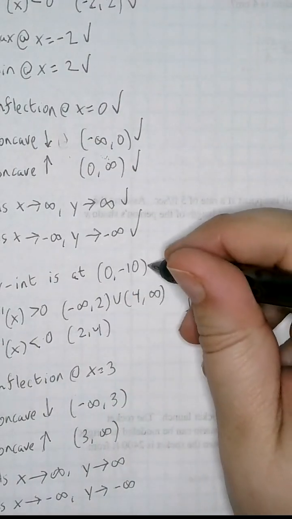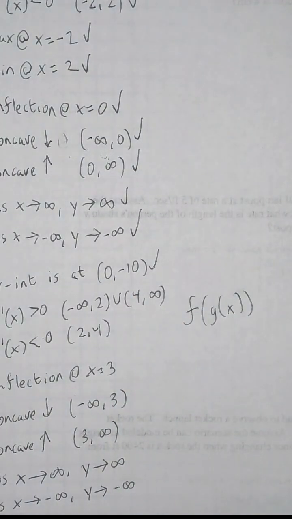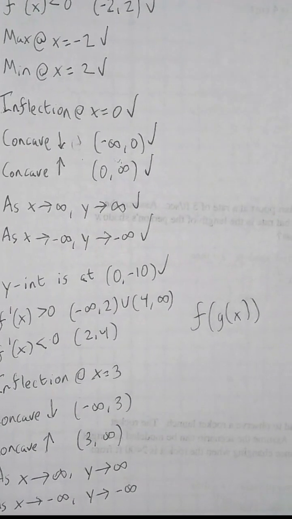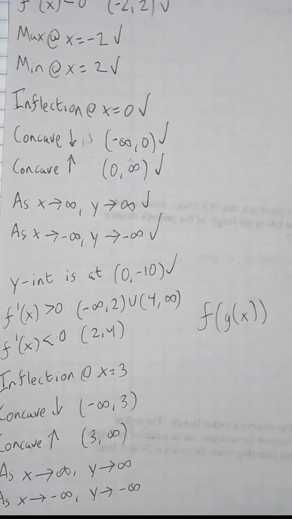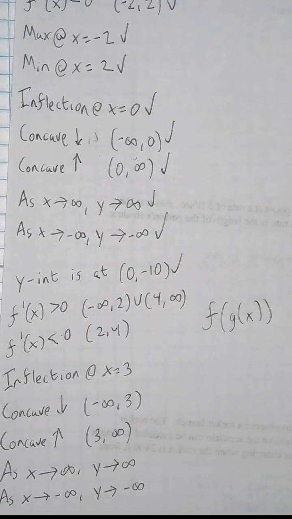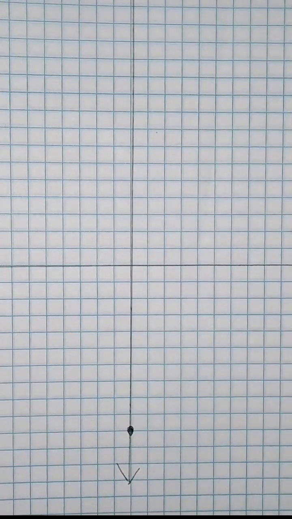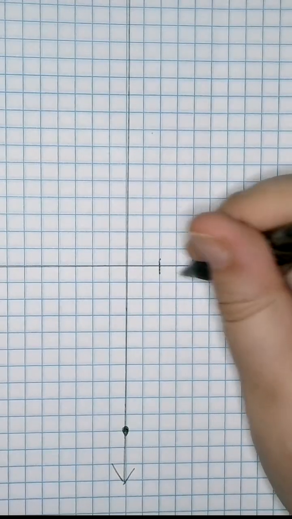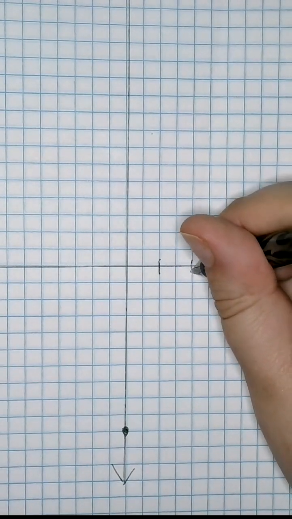I'm going to go ahead and check that off because I've already done that. F prime is positive from negative infinity to 2 and from 4 to infinity. So what else do we know? We know that there's going to be a maximum here and a minimum there.